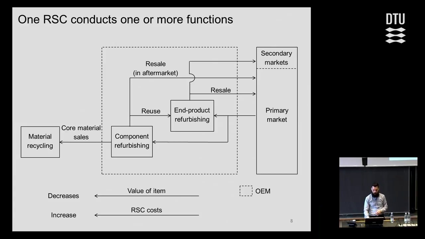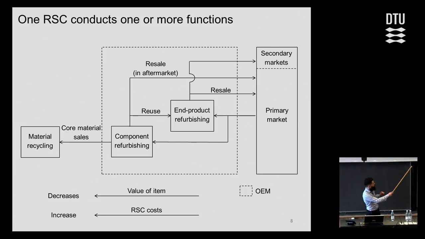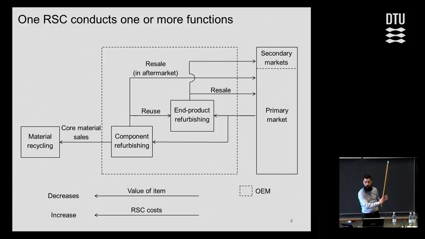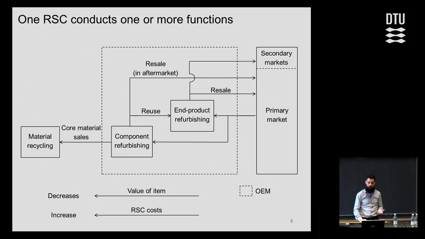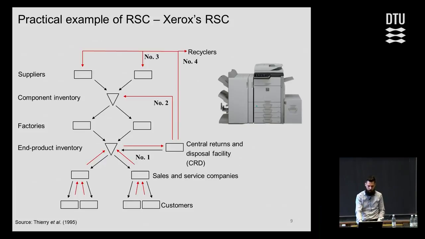And then the material will be of even lower quality, of even lower value. At the same time that the value of the item decreases as we go upstream, the cost of operating this reverse supply chain increases because there are more processes involved. So for any given company, at some point here on this x-axis, it becomes infeasible to use any of these functions.